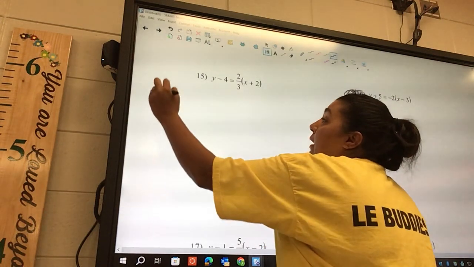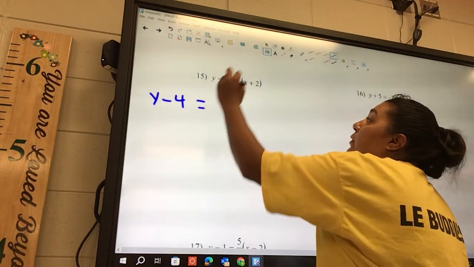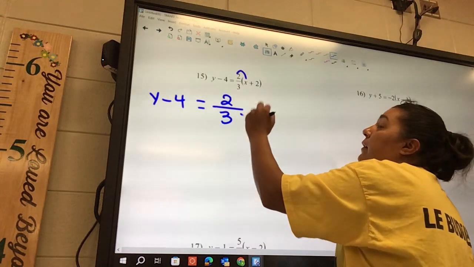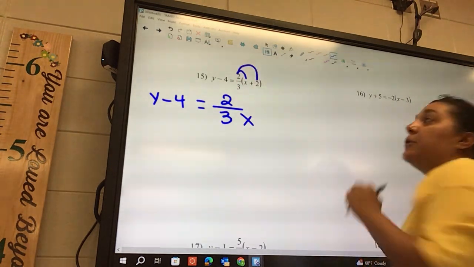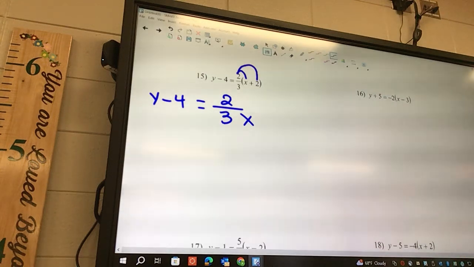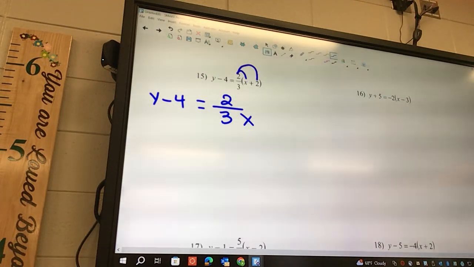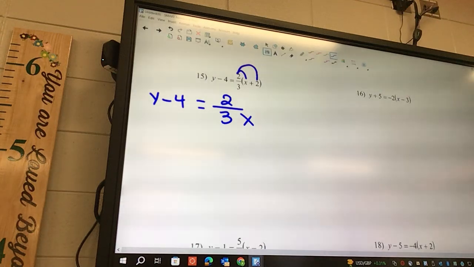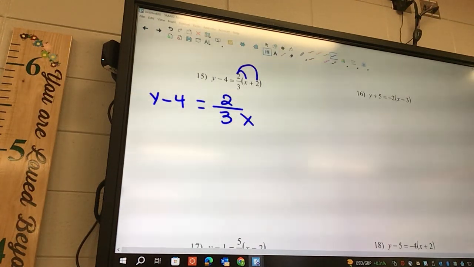Okay, so I'm going to get y minus 4 equals 2 over 3 times x is 2 over 3x. 2 over 3 times 2. What is 2 over 3 times 2? Well, 1 and 1/3.